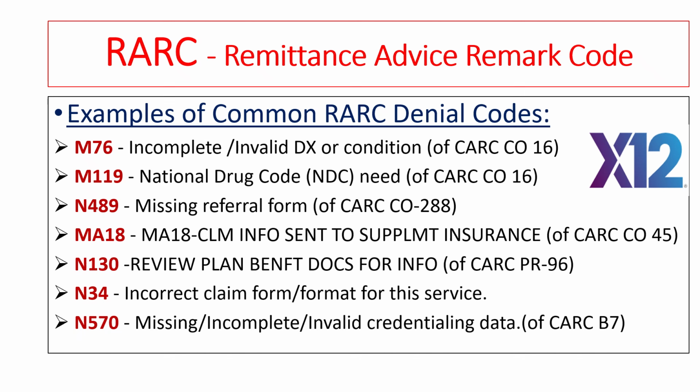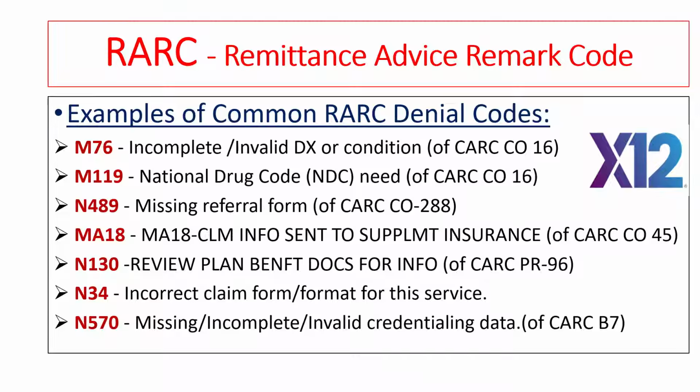At that time, under the CARC code, there is a RARC code, for example MA76. I'm not saying that for the denial code CO16 you will always get MA76. It might be any denial code, but as an example, if you are getting a CO16 denial, there might be a chance of getting remark code MA76.